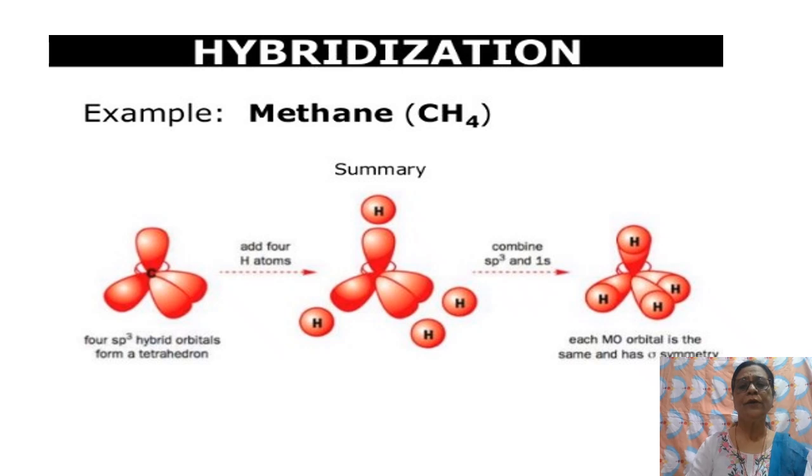When the methane molecule is to be formed, this carbon atom uses its 4 sp3 hybrid orbitals, each having an unpaired electron, and overlaps with the 1s1 atomic orbitals of the four hydrogen atoms, and there is a formation of the methane molecule. The methane molecule in this case has a regular tetrahedral geometry with the bond angle H-C-H 109 degrees 28 minutes.